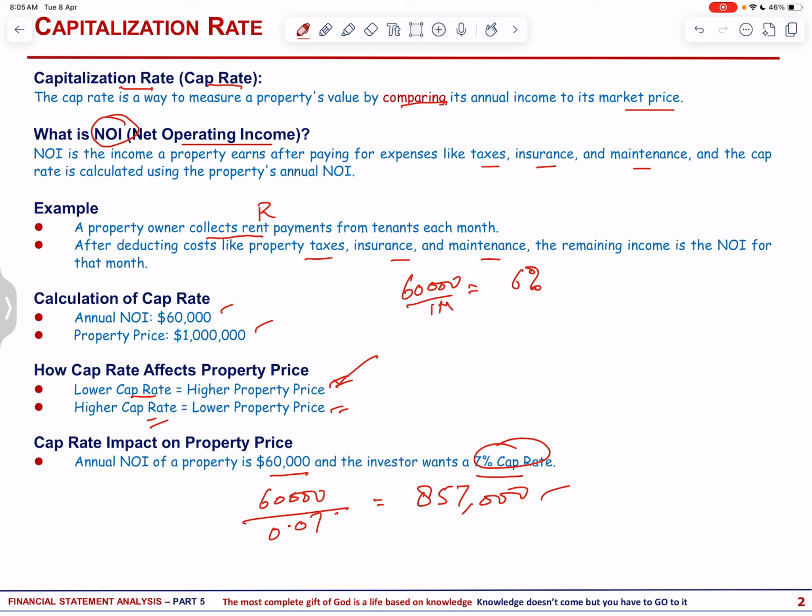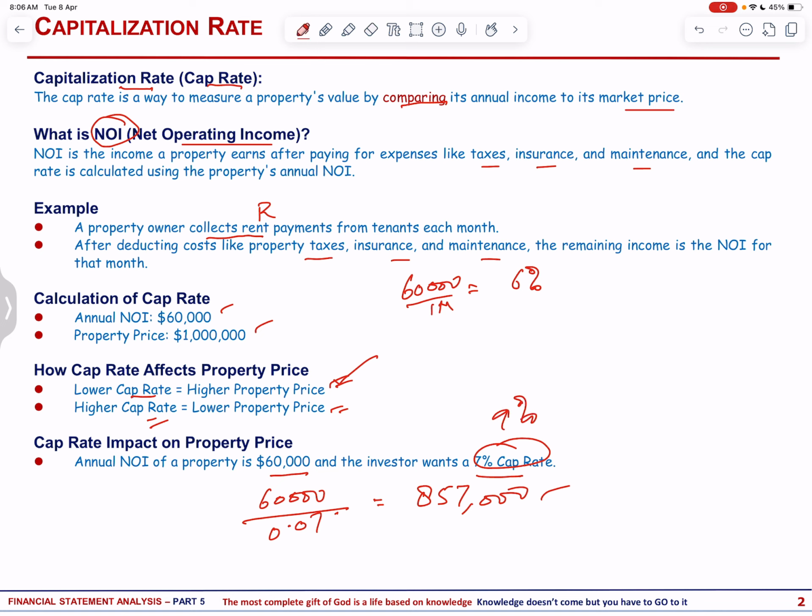So if suppose the capitalization rate is not 7%, but say it is 9%, now that means with a higher capitalization rate it will have a lower price, and I will show you: 60,000 divided by 0.09, that is 666,000 approximately.